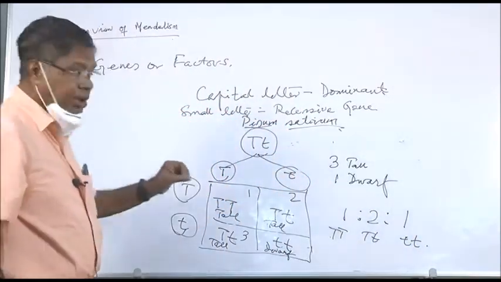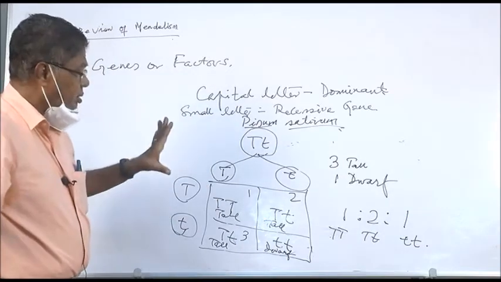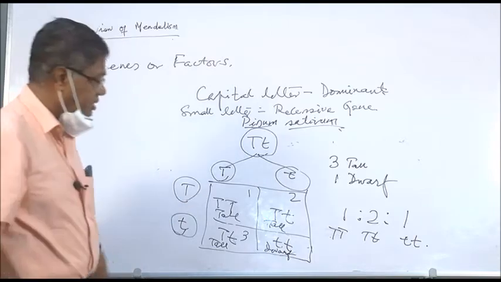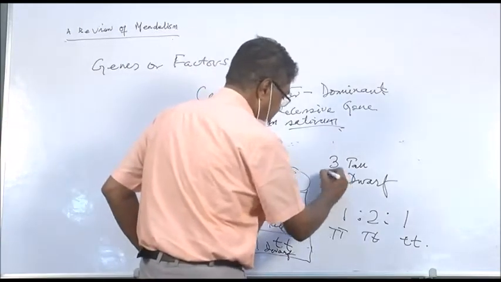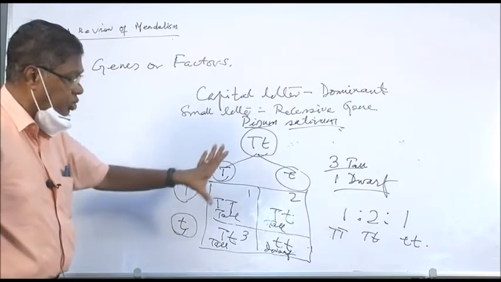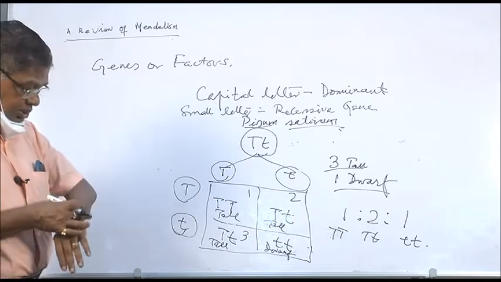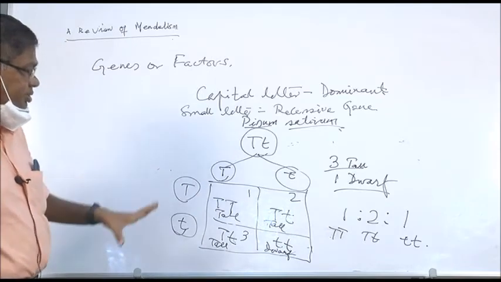So according to Mendel, the phenotypic ratio is 3:1 and the genotypic ratio is 1:2:1, and this is about the monohybrid cross.